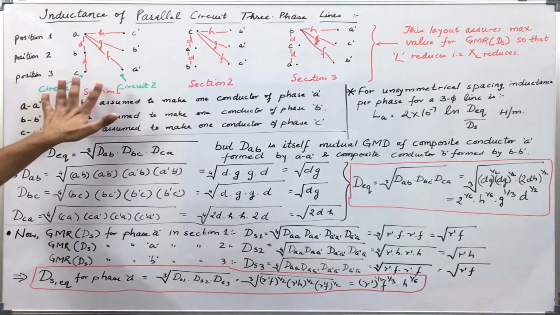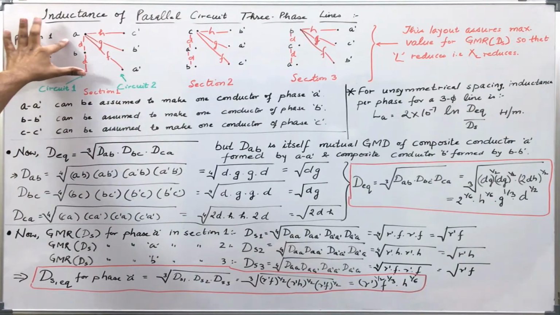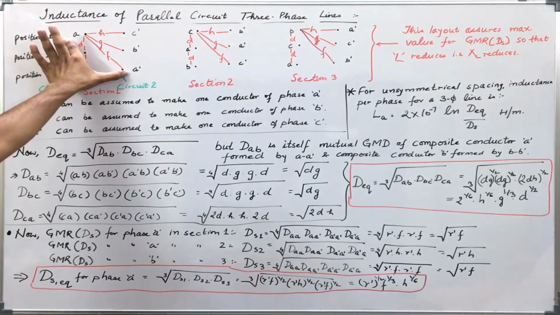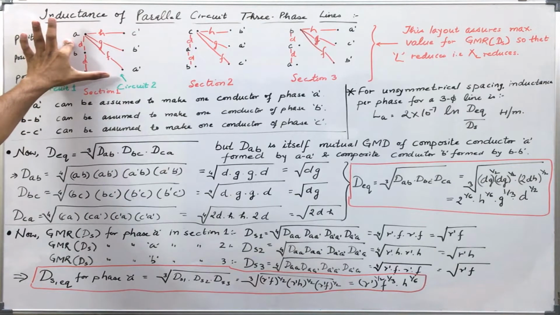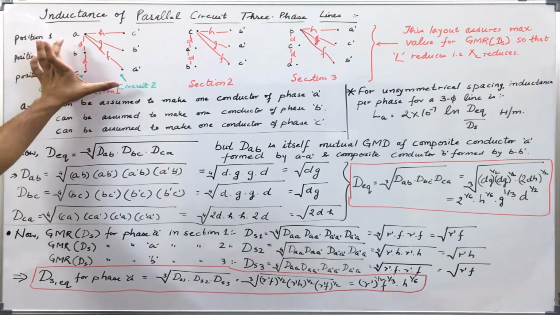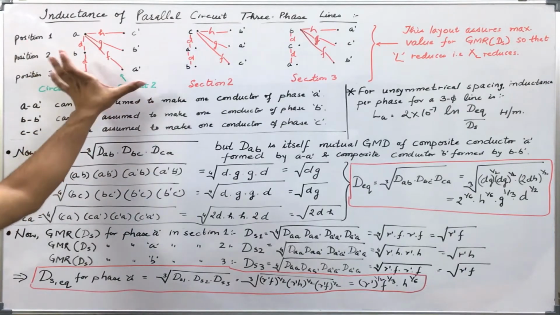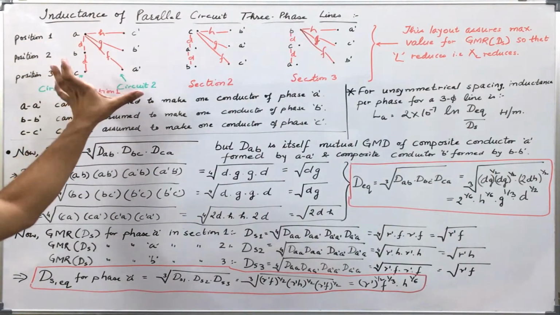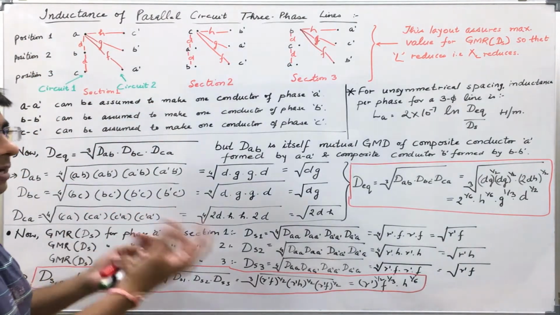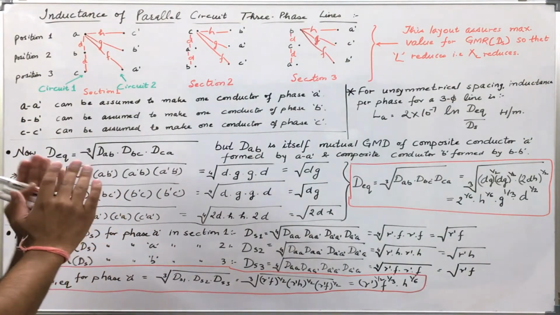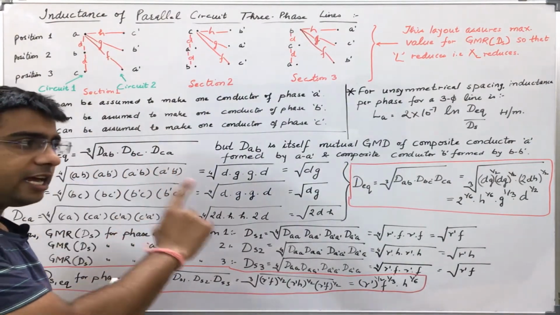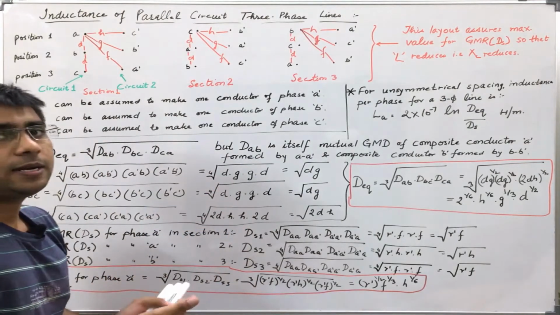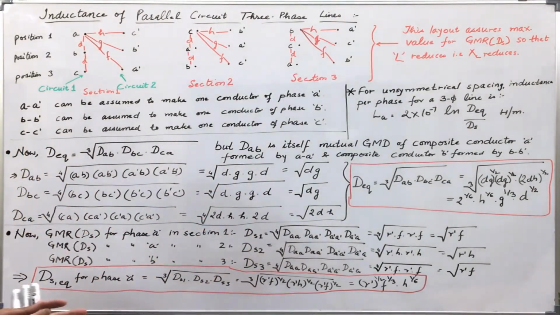So in this orientation, phase A conductors of the two lines are diagonally opposite to each other. This causes the maximum possible spacing between the same phase conductors, so that the equivalent GMR of these two conductors making one phase A of an equivalent line is maximized.